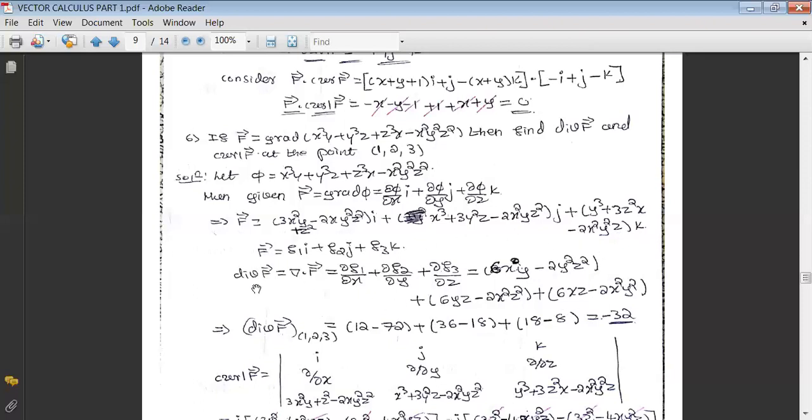And we want this divergence at the point 1, 2, 3. If you take x, y, z equals 1, 2, 3 respectively, then 6xy becomes 2 into 6, that is 12.